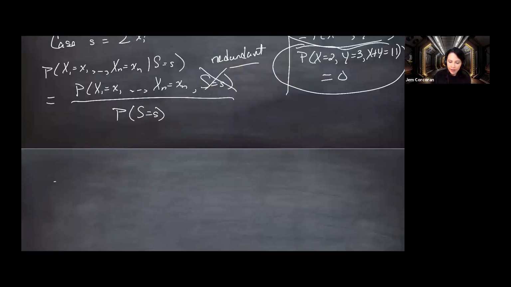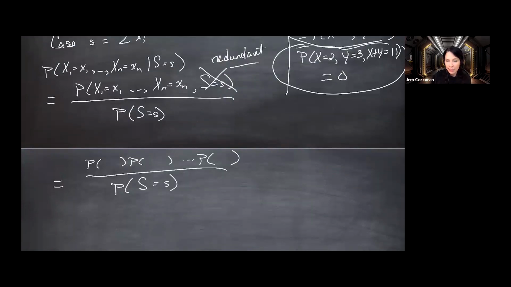On the top, I've got IID things, right? It's just a joint PDF on the top. On the bottom, I've got a random variable whose distribution I know because the sum of Bernoullis is binomial.